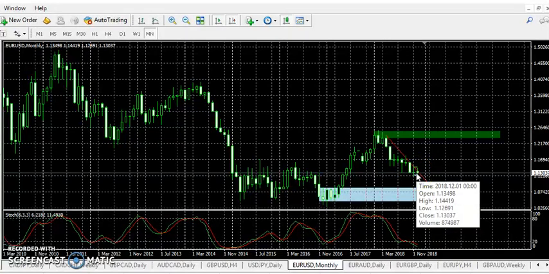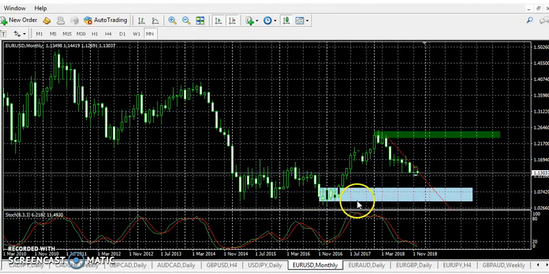But if we continue down and break it, then we have a structural retest here of the original supply that we had here to break these lows that it could not break before, that it tested numerous times.